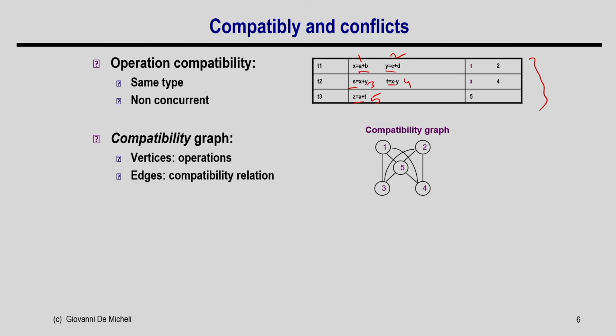Since operations 1 and 2 are scheduled in time step 1, you have to have two different FUs to execute these two. So, they are not compatible with each other. They are conflicting, so they have to be allocated to different FUs, right. Whereas operations 1 and 3 execute in different time steps, so I can execute both operations using the same FU, the same ALU.